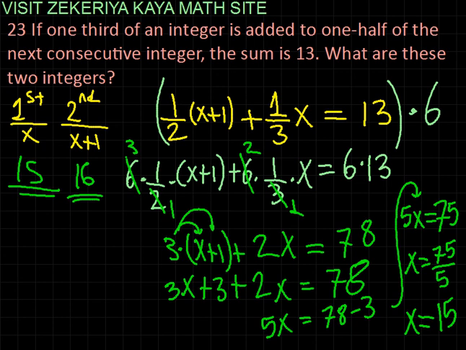So the denominator part is important. To cancel denominators, you multiply everything by the least common multiple.